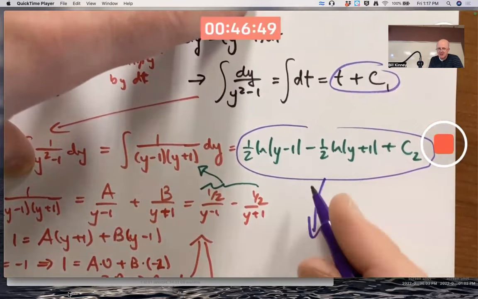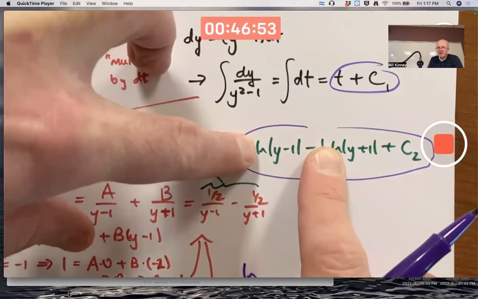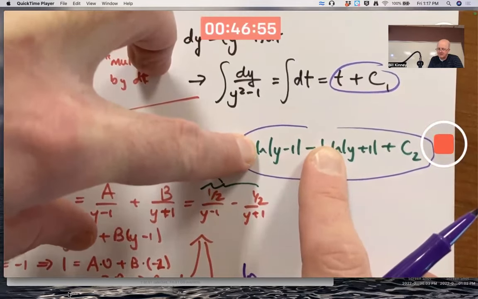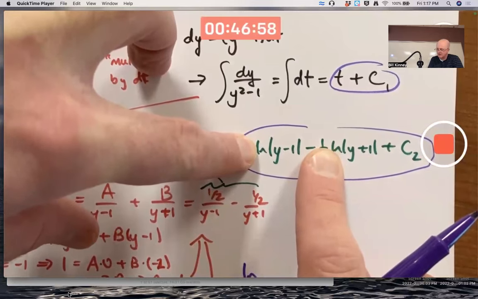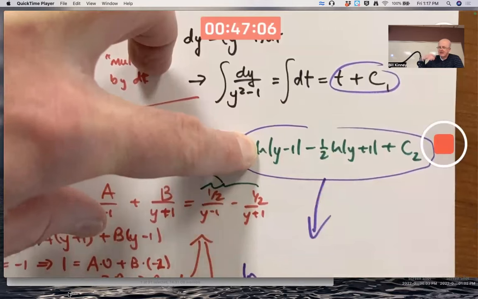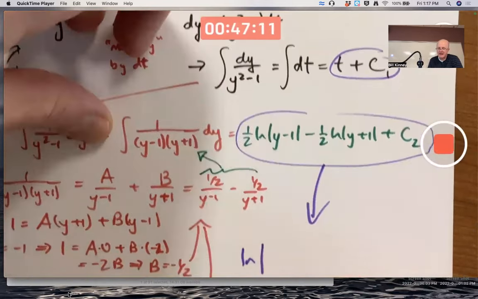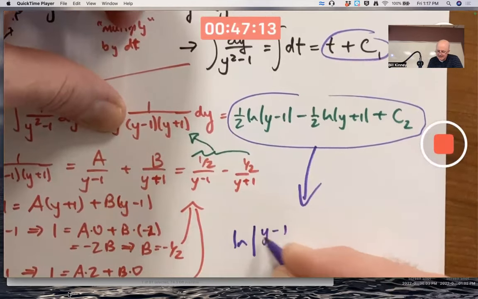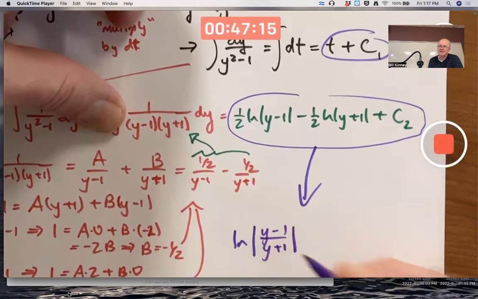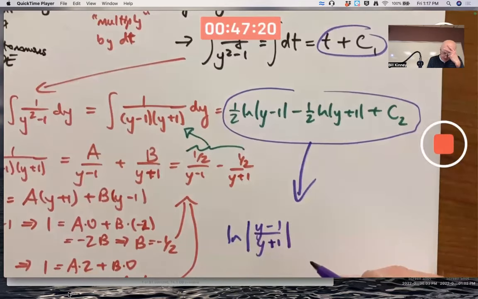I can also combine these logarithms. If I've gotten rid of the 1/2, so I've got the log of the absolute value of y minus 1 minus the log of the absolute value of y plus 1. Difference of two logs is the log of their quotient. And the ratio of two things with absolute value signs around them is the absolute value of the entire thing. So what I'm trying to say is I can write that after I've subtracted C2 from both sides and also multiplied both sides by 2.